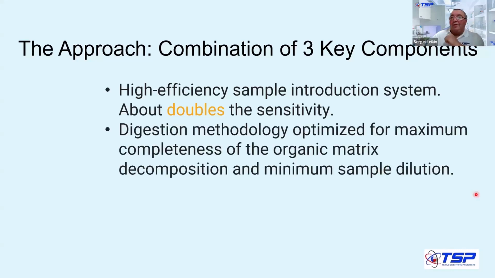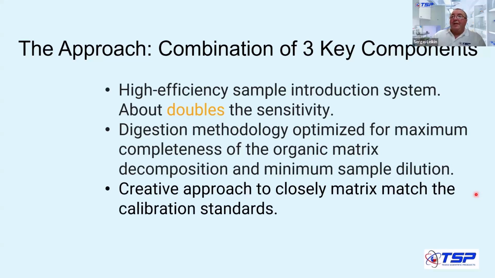The second component is tuning the digestion methodology for two things: increasing the completeness of digestion by bringing the temperature up, and minimizing the dilution factor. And then on top of it, we had to come up with an approach to closely match the calibration standards.